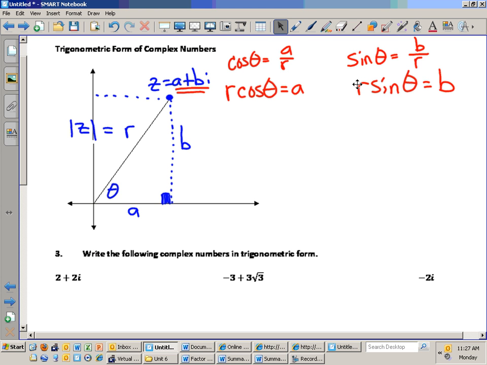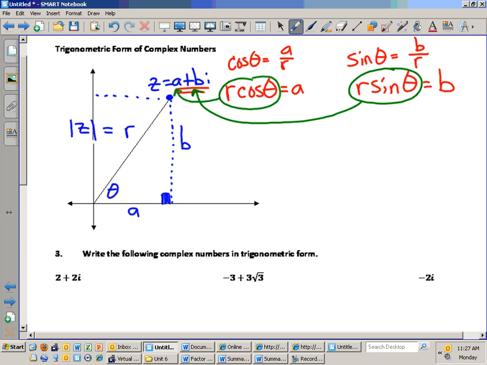I'm going to put r cosine of theta in for a, and r sine of theta in for b. And so you get a new expression, namely that z is equal to, instead of a, r cosine of theta, plus, instead of b, r sine of theta, and then I have my imaginary piece right there.